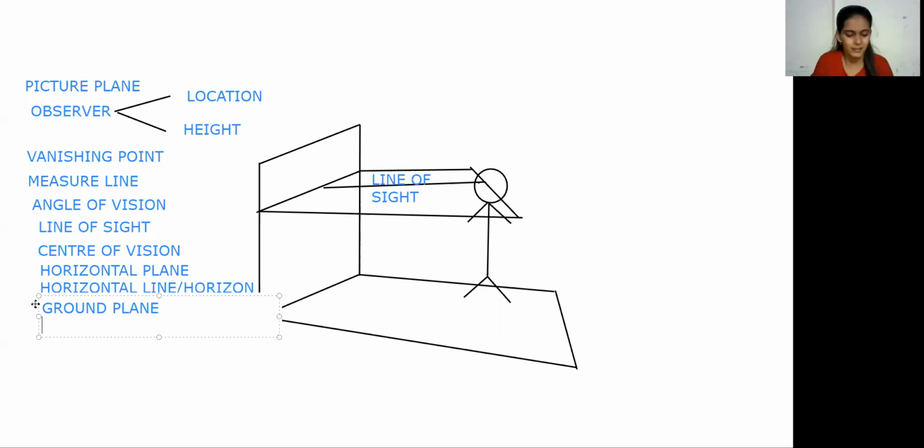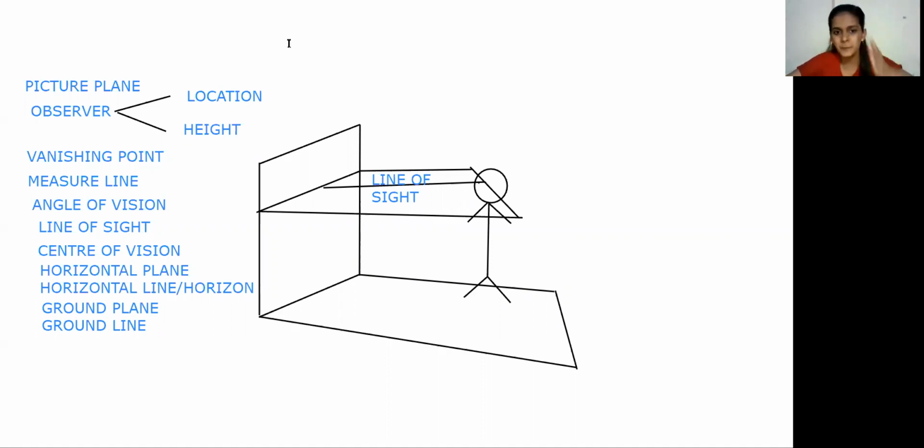And again, there is another line, that is the ground line. Consider the ground that we are standing on. That ground is a horizontal plane, so consider it as a horizontal plane. Now this is also perpendicular to the picture plane.